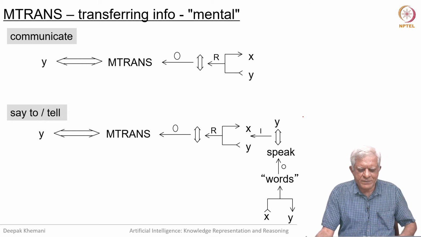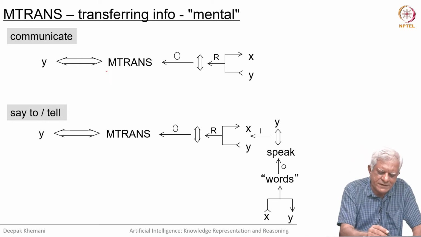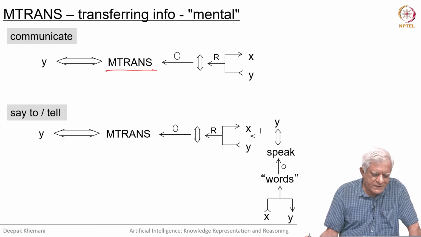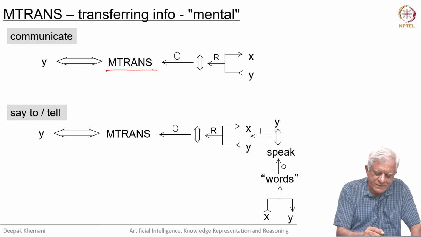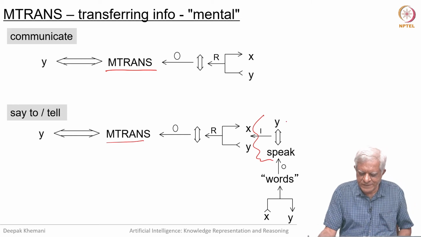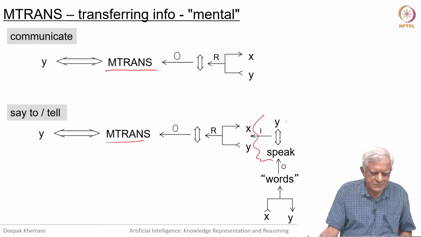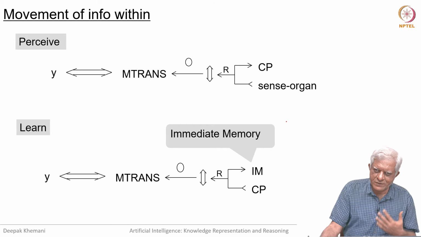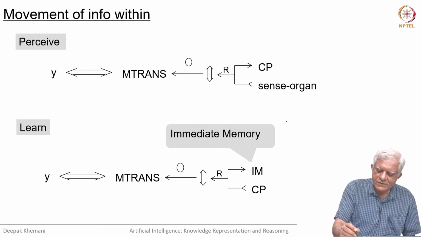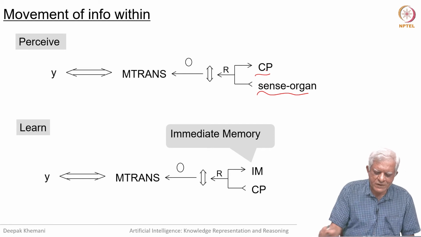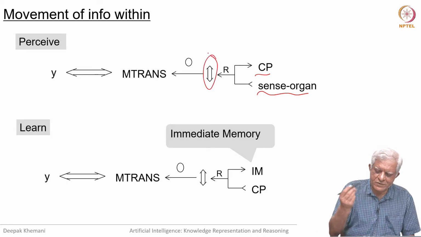So, we have been saying communicate all this while, but basically it is entrance actually in CD theory. So, say or telling somebody something is also entrance, except that there is an instrumental act of speaking words from X to Y. Perception is also entrance when you perceive something, from a sense organ to the conscious processor, whatever, it could be an event, it could be a state.